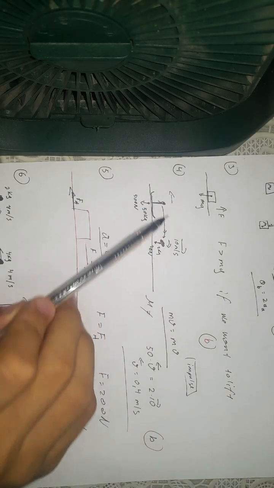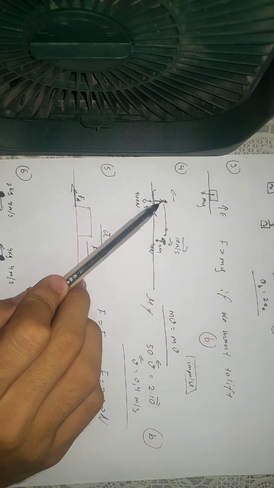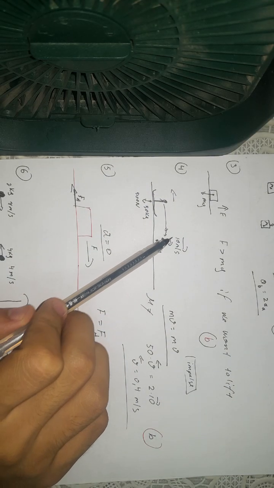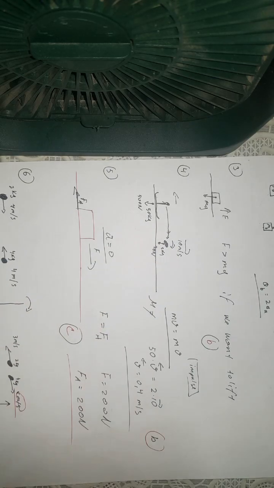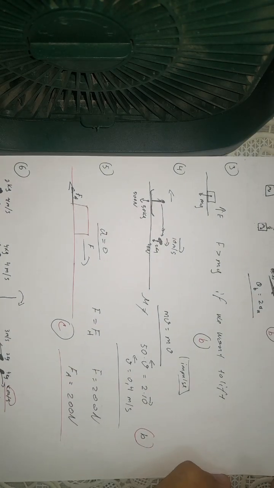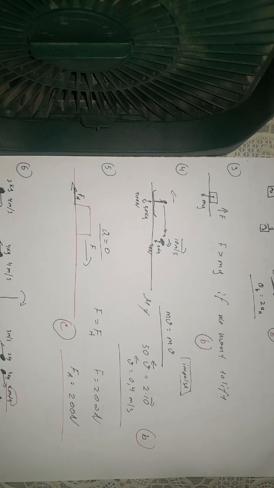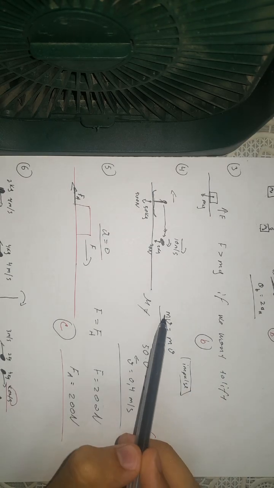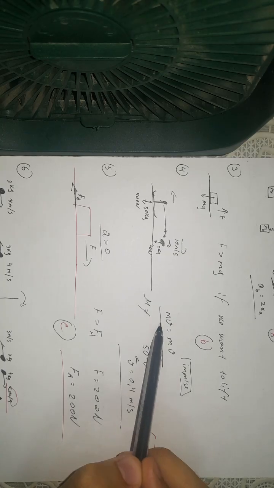We have a skater with no friction. He is throwing a 2 kilogram ball with this speed. According to the impulse conservation, mv equals mv, this is the formula of impulse.